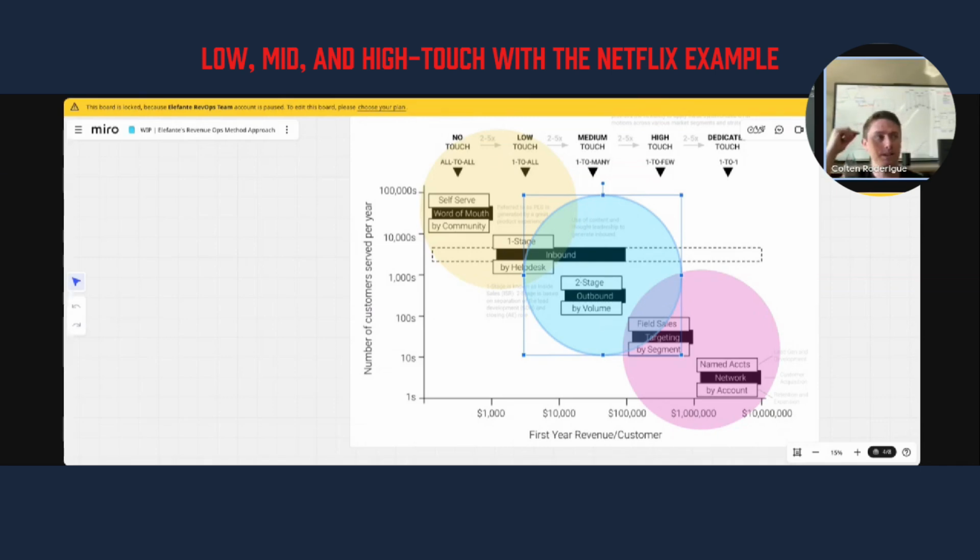It's not a huge risk to you as a buyer, so we don't need a sales team to explain why this would benefit you. The purchase price is low, and typically we sell in very high quantity. So that's a no touch motion.